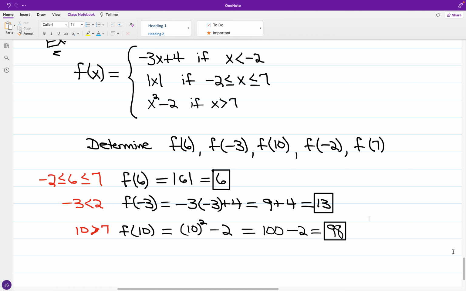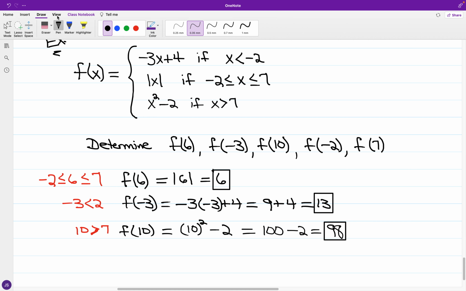Now, if you notice with negative 2 and 7, those are mentioned twice, and looking carefully at the inequalities. So for f of negative 2, we don't have the equal sign here. So negative 2 cannot be less than itself. So the first inequality does not apply. And if I try the next inequality, negative 2 is less than or equal to, negative 2 is less than or equal to 7. Now negative 2 is less than 7, so the upper end checks out, and we have it at the lower.